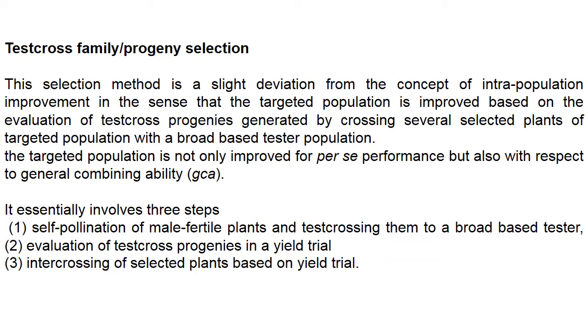The targeted population is improved not only for per se performance but also with respect to general combining ability. The steps are: first, self-pollination of male fertile plants and test crossing them to a broad-based tester. In the second stage, evaluation of test cross progenies in yield trials, and in the third stage, intercrossing of selected plants based on yield.